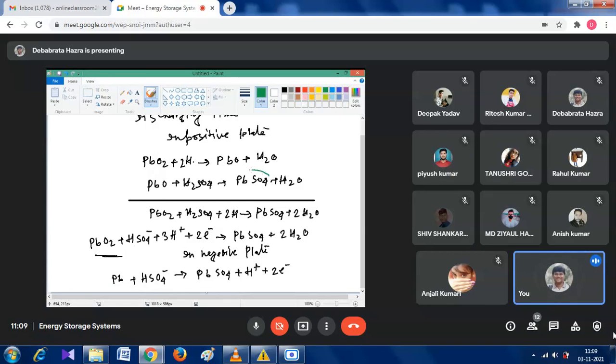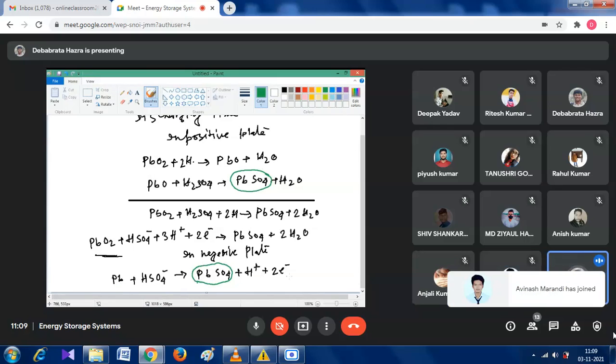So the positive plate becomes lead sulfate. And in case of the negative plate, the lead reacts with HSO4 minus and creates again lead sulfate plus H plus and 2 electron.